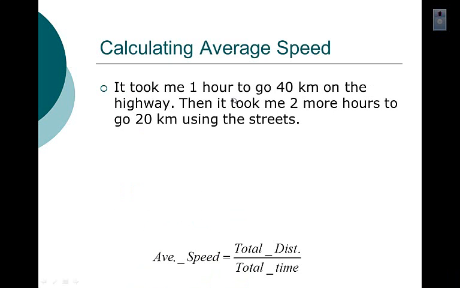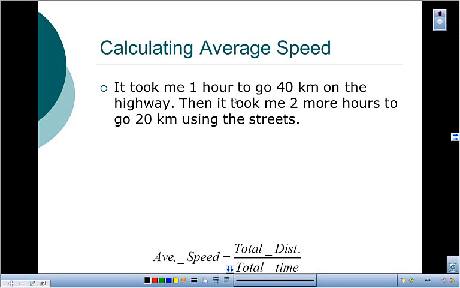So calculating average speed: it took me 1 hour to go 40 kilometers on the highway. Then it took me 2 more hours to go 20 kilometers using the streets. If I'm looking at my average speed, the first thing I need to do is look at my total distance.